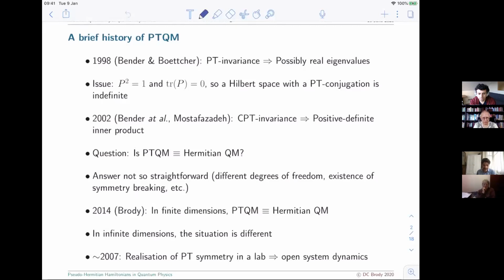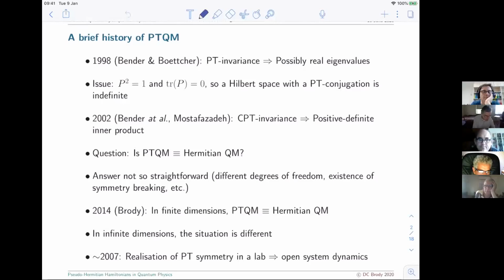So that's all to do with PT-symmetric quantum theory in the context of closed systems. But backtracking slightly, going back to around 2007, people started to make the observation that you can realize or implement PT symmetry in the lab by means of balancing gain and loss. So the idea itself is a simple one.